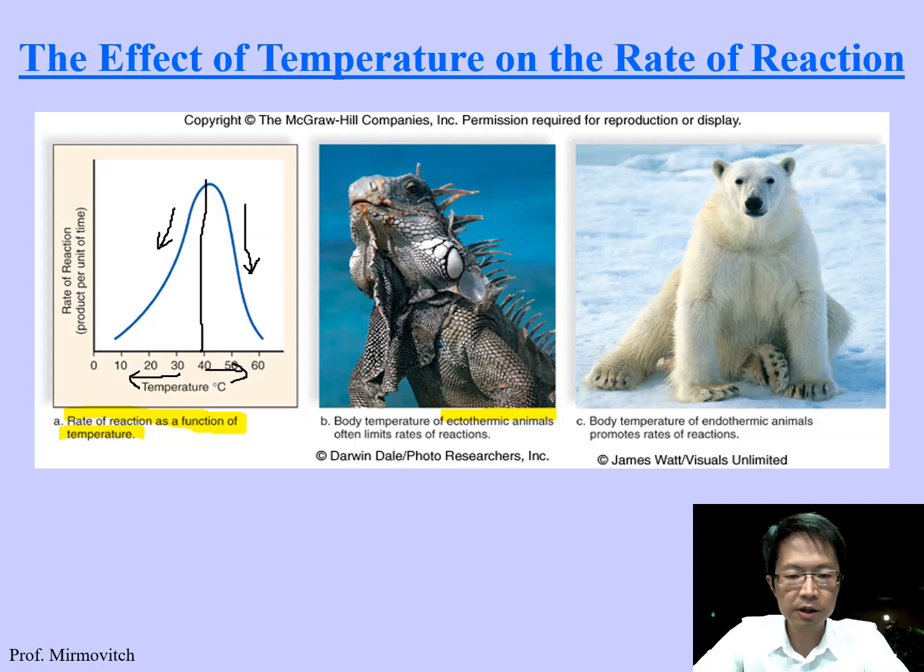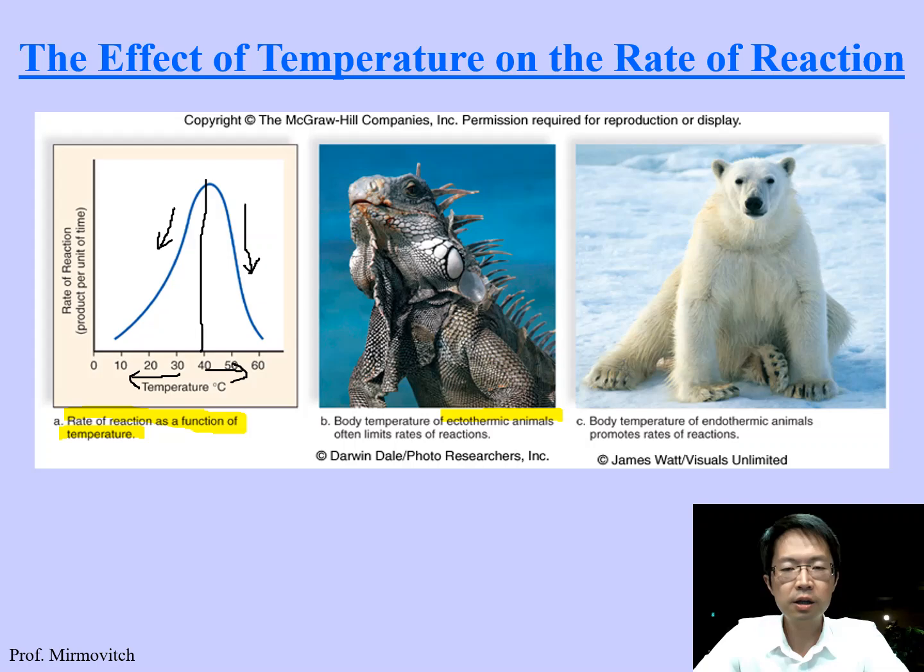Ectothermic animals like lizards or snakes or most reptiles, meaning that their body temperature changes according to the external environment. If the sun is heating up, then they will absorb a lot of energy. Then they can move really quickly. If you know there are lizards living in the desert, wow, they can run really fast.